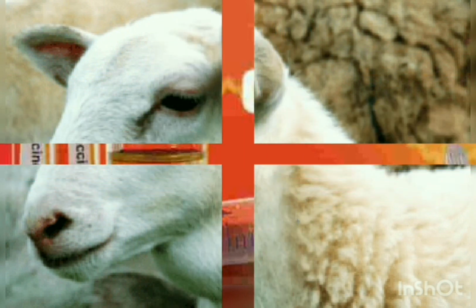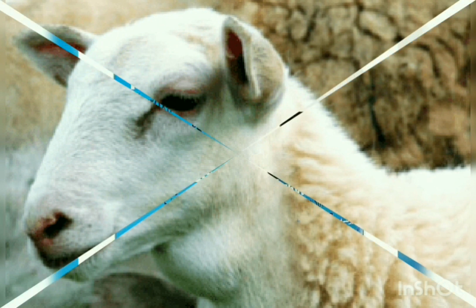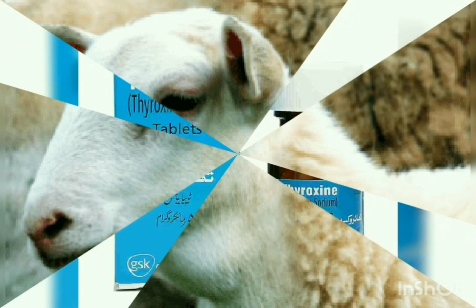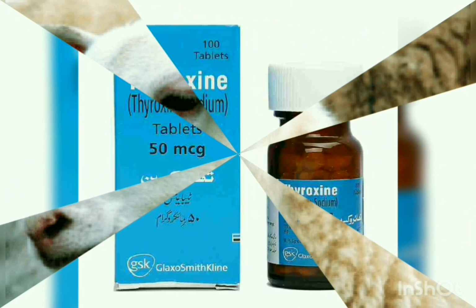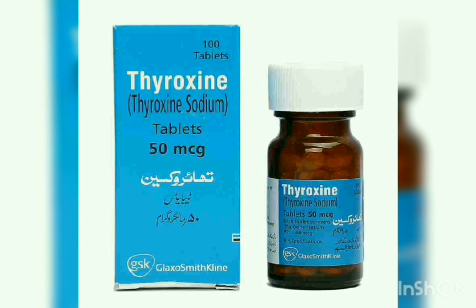So blood is also a source of drugs. Then we also have sheep thyroid, and sheep thyroid is a source of what we call thyroxine, which is used in treating hypertension.